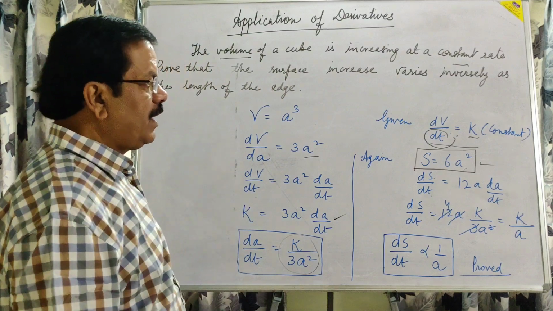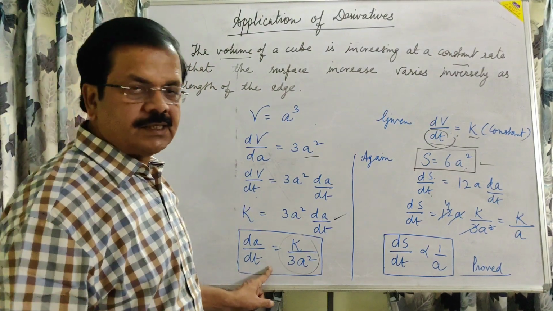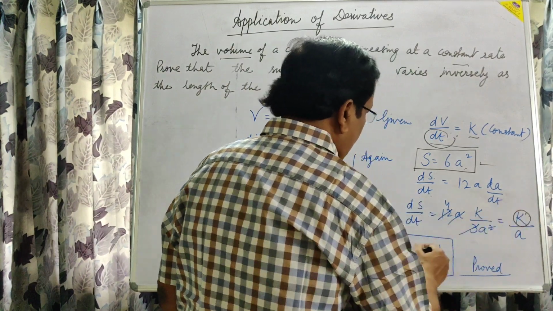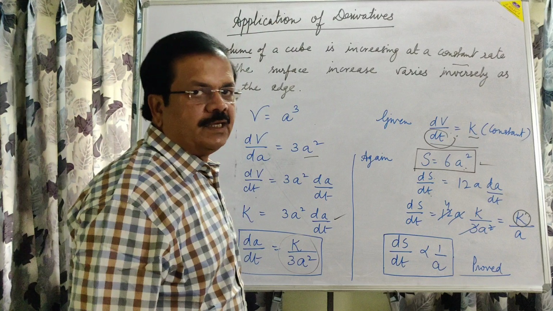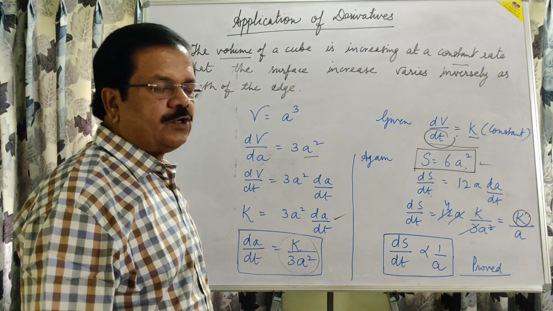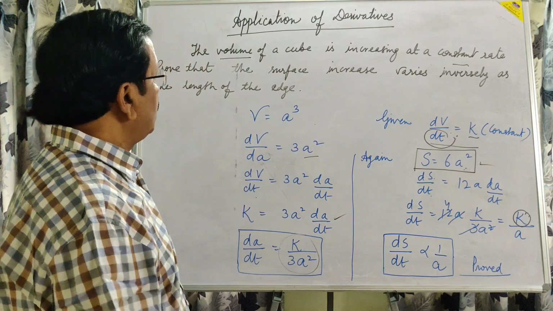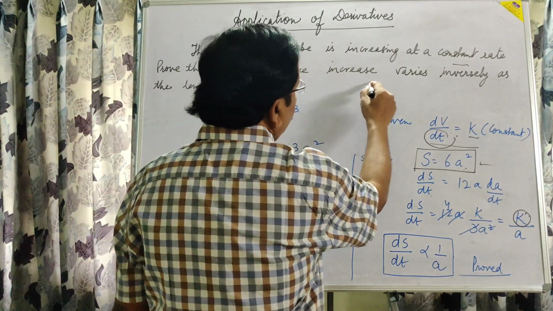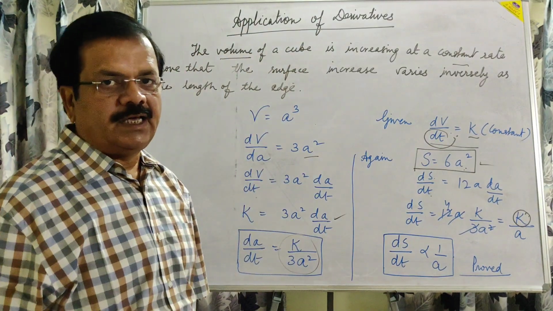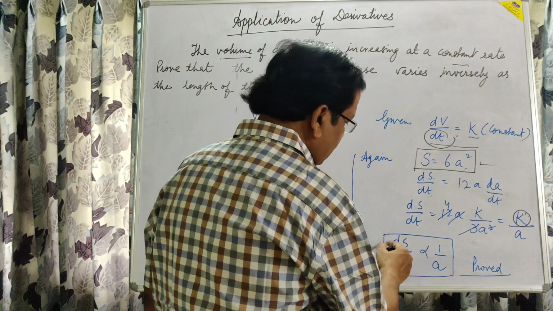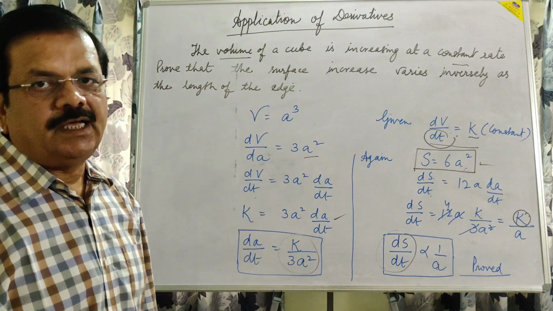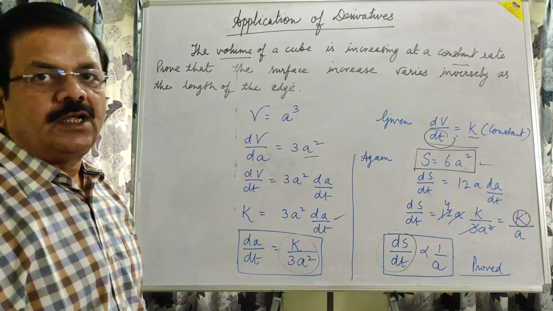Then substituting the value of da/dt, from this we can get k upon a, since k is constant, and so dS/dt can be written as proportional to 1 upon a, and this is what we have to prove, that the surface area varies inversely as the length of the edge. And here you can see this surface area varies inversely as the length of the edge. This is all about this question. Now next question.